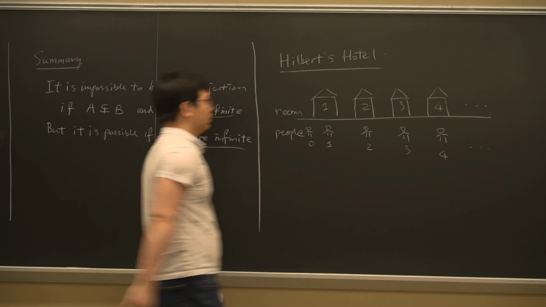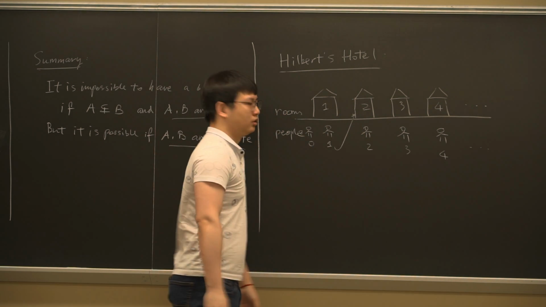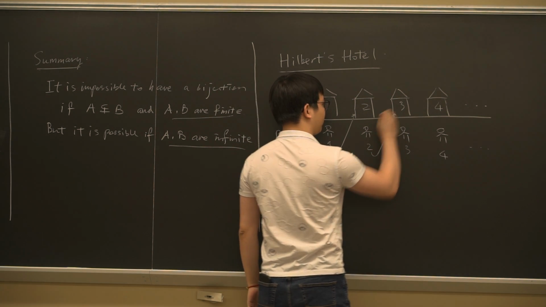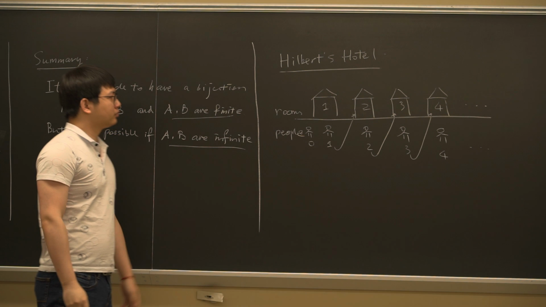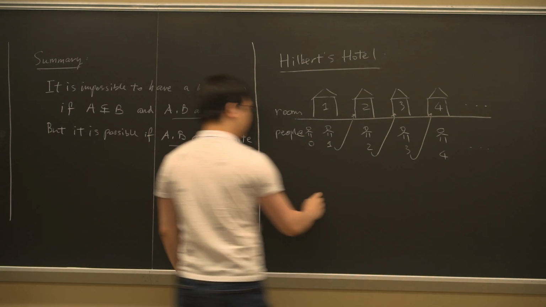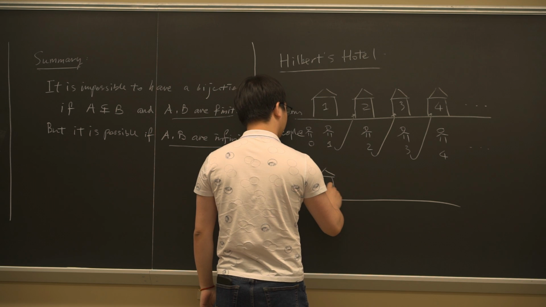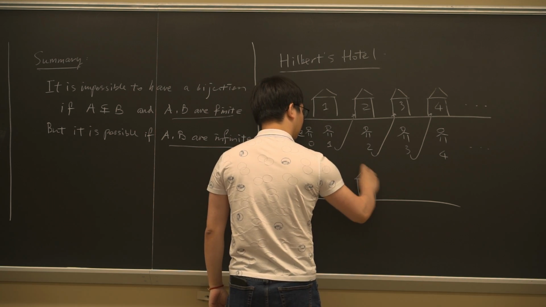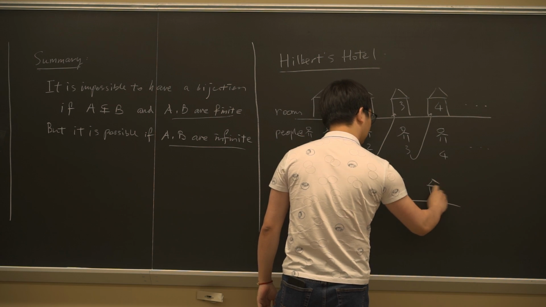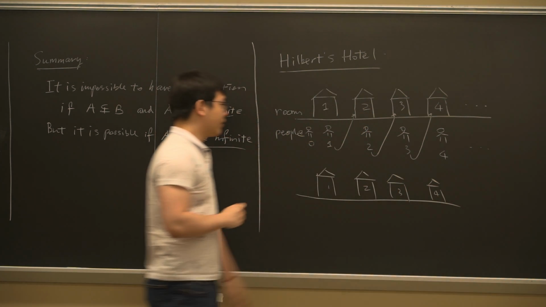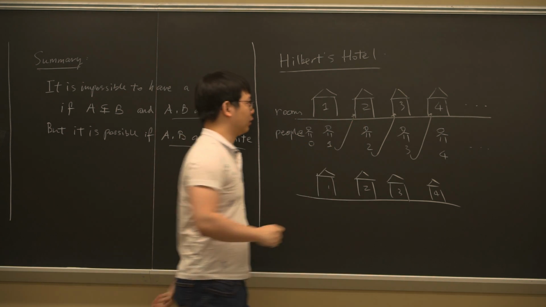For example, we can move person 1 to room 2, person 2 to room 3, person 3 to room 4, and so on and so forth. So what will we get? We still have all these rooms: room 1, room 2, room 3, room 4. Everyone is moving to the right by one room.